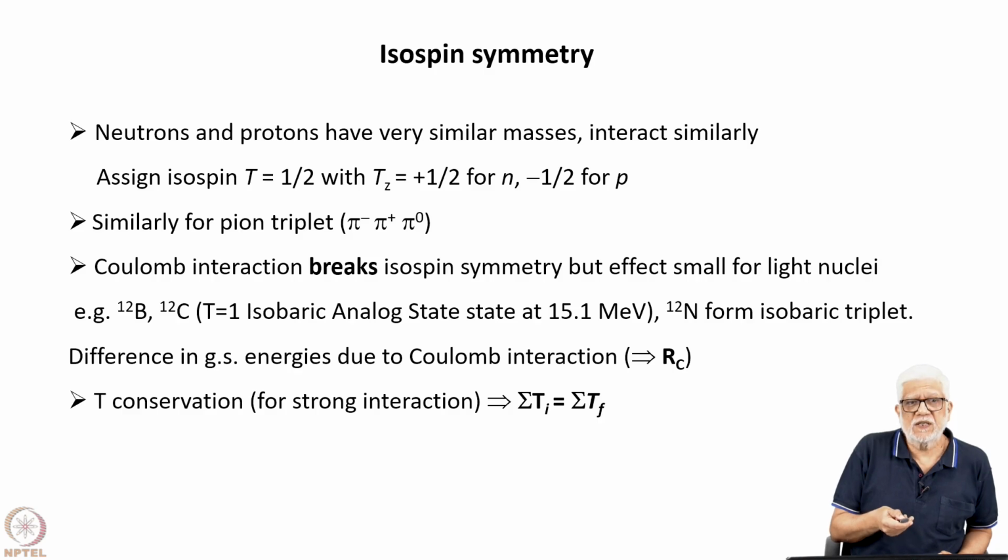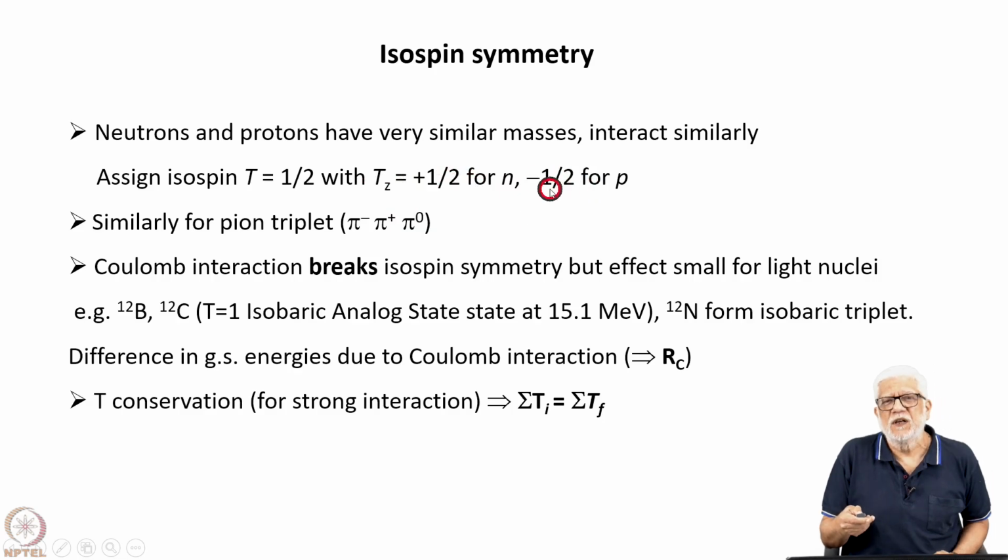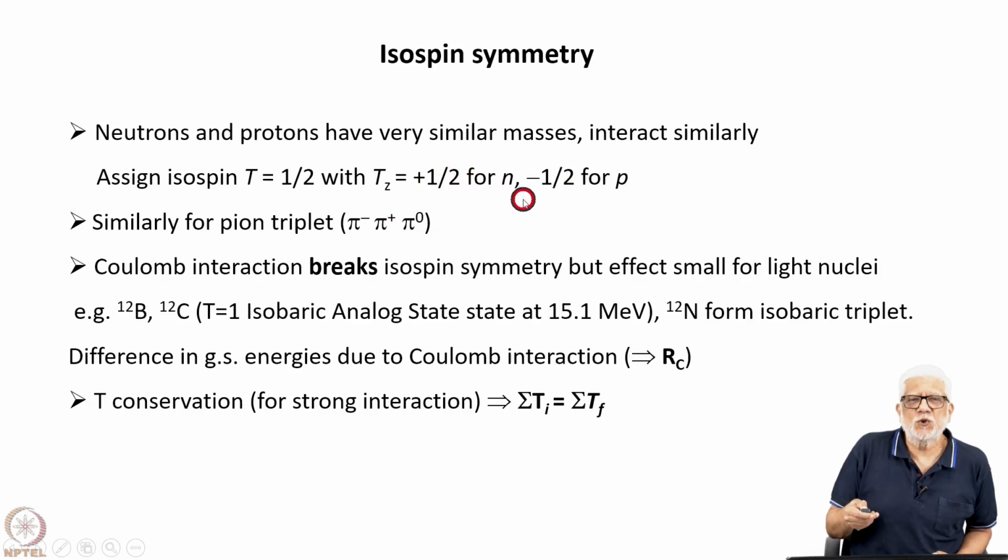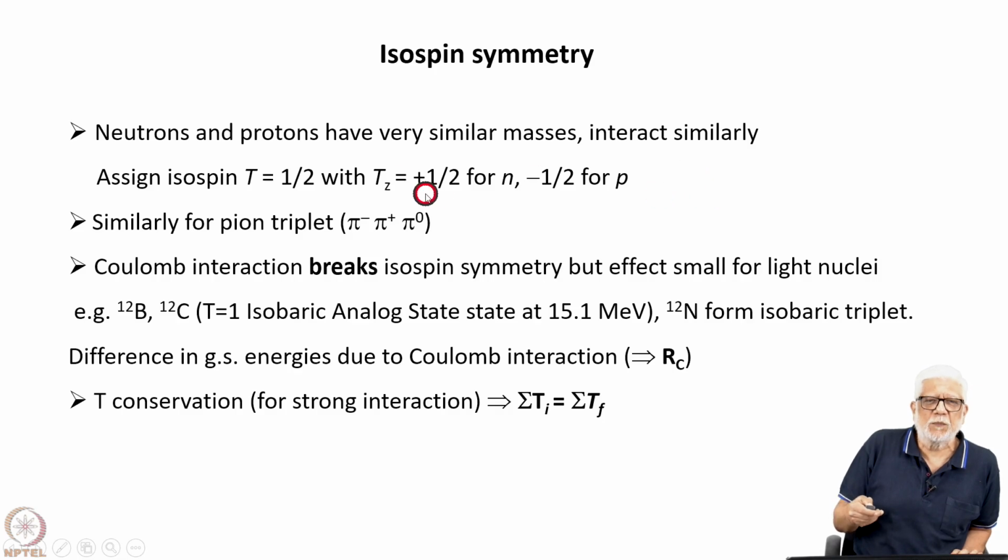So, you can assign an isospin of half to neutrons and protons, and the Z projection tells you whether it is a proton or a neutron. Depending on whether you are doing particle physics or nuclear physics, the isospin is plus half for a neutron if you are a nuclear physicist, and minus half for a proton. So, the isospin Tz for a nucleus is half of (N minus Z), where N is the neutron number and Z is the proton number.